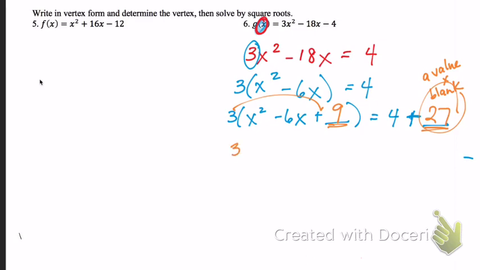Then I'm going to factor it. So 3 times (x minus 3) squared equals 31. If I want to put it in vertex form, I move it back over.